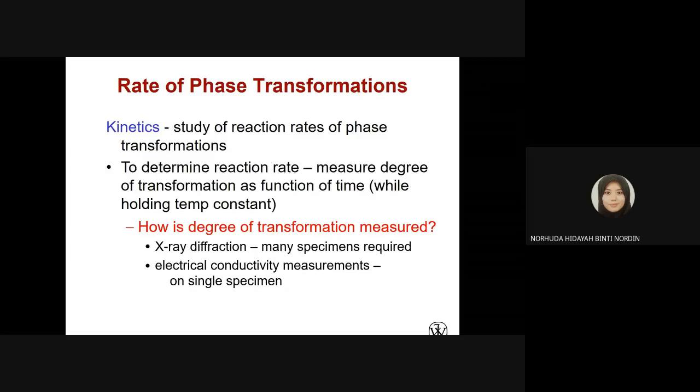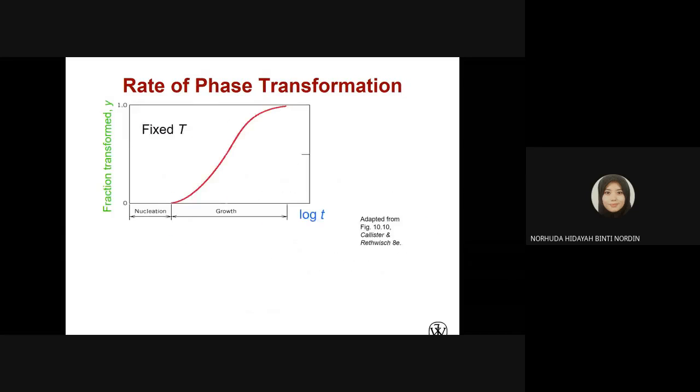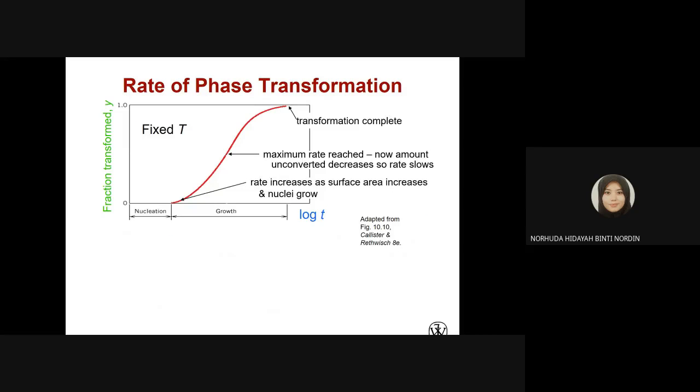Okay, let's see this one. So now for example, this is the graph of fraction transformed with time. It means how long, what time is required for the transformation to happen. First at 0, for example, 0 to 5 seconds, nothing happened yet.